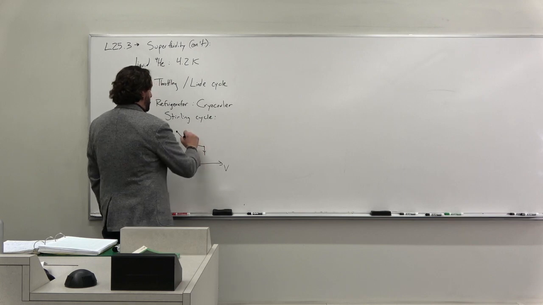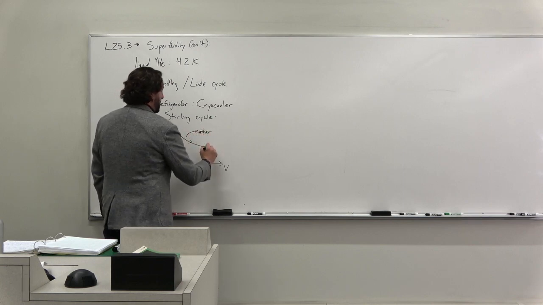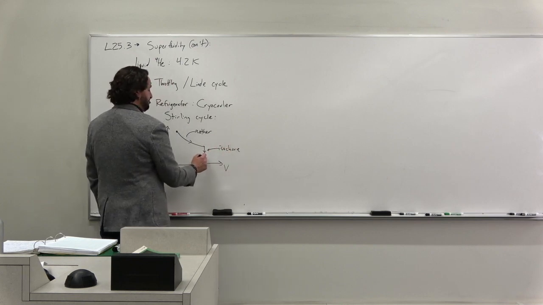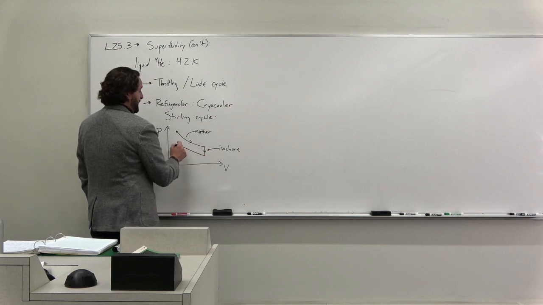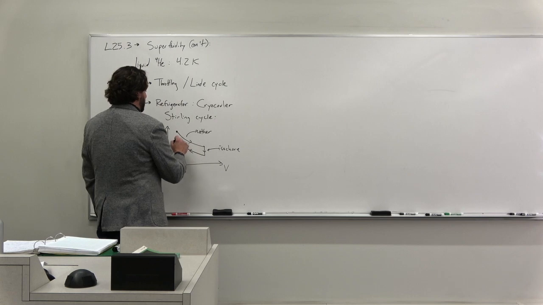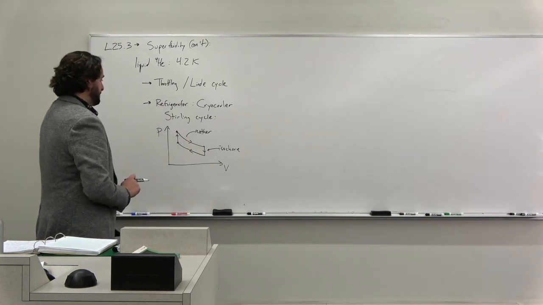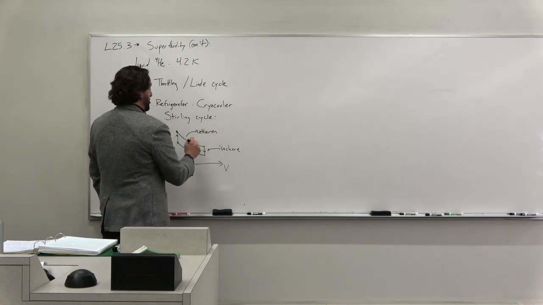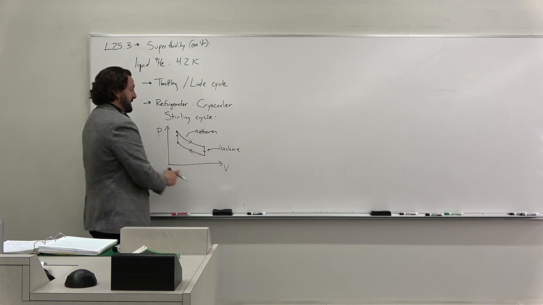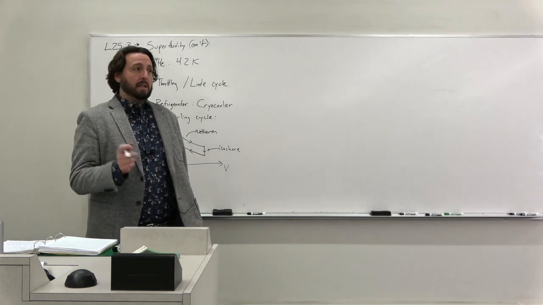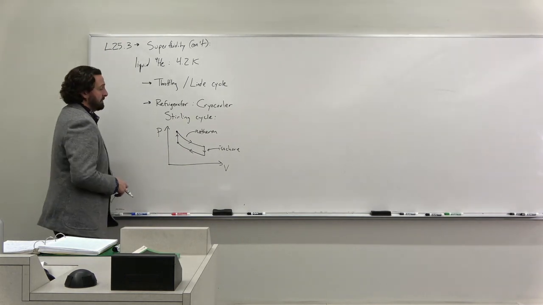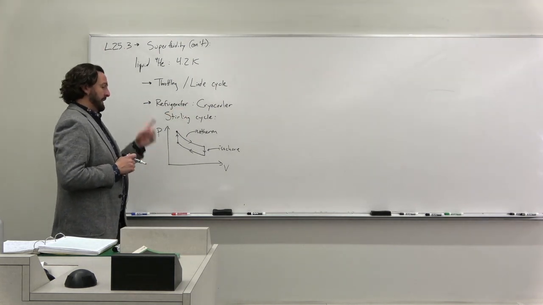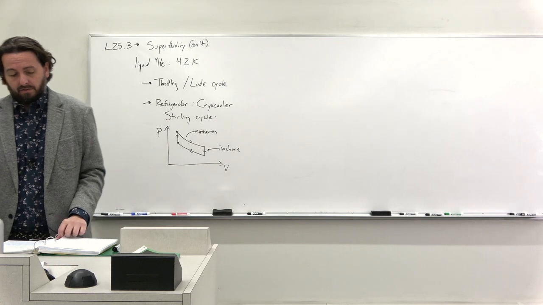You have isochores, so this is an isotherm, isochore, to drop the volume. You re-expand, you compress, you compress and then you heat. So you have isotherms where you're doing the expansion and contraction, and isochores where you're taking in heat and adding heat. So we use something called a closed cycle Stirling refrigerator. That's a cryocooler, where the working fluid is recycled.